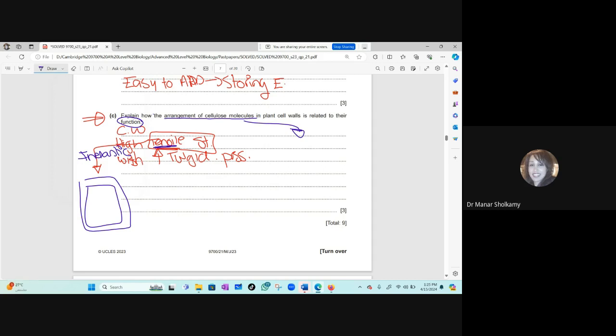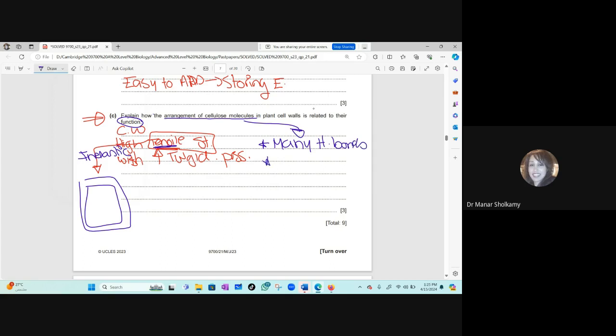Just like you said, Noor, hydrogen bonds. You will say that every other beta glucose unit is rotated or inverted. This is only found in cellulose. And this increases the strength. Why? Because it will create many hydrogen bonds, just like you said.